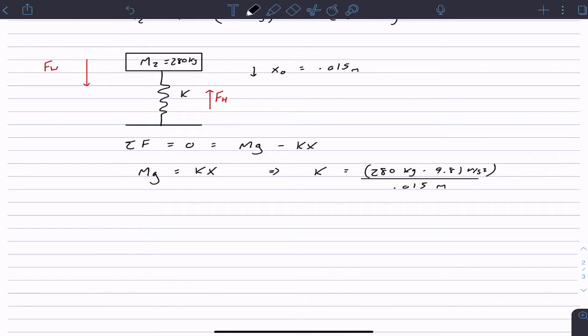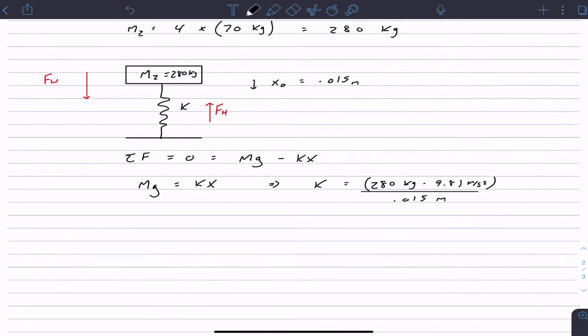Now we're asked to find what is the damping constant, because this is a damped system. That's what shocks do. It's not just a spring. There's like a piston around it with a damping device, because otherwise if you don't have the shocks, then the springs just bounce up and down when you hit a bump or something. Then the people in the car are just bouncing around and hitting their heads, and that's not cool. So you put a shock absorber, right, and that kind of minimizes the bounce that you get.